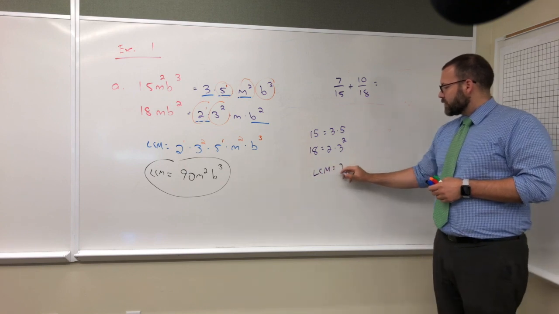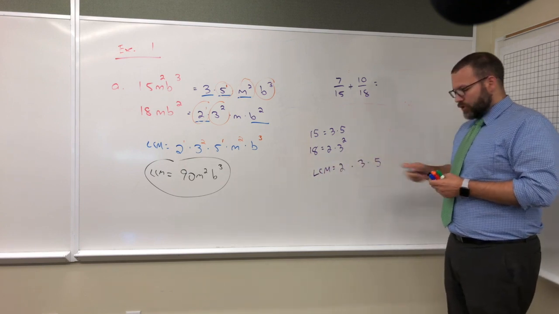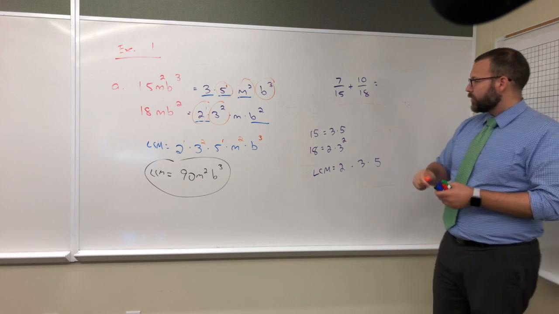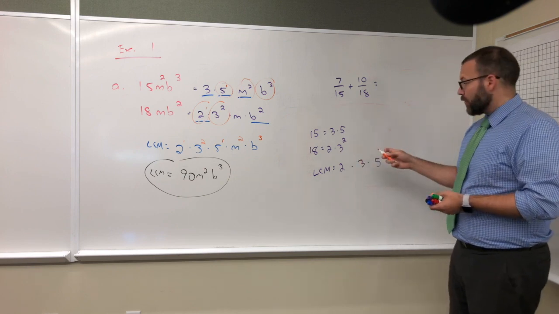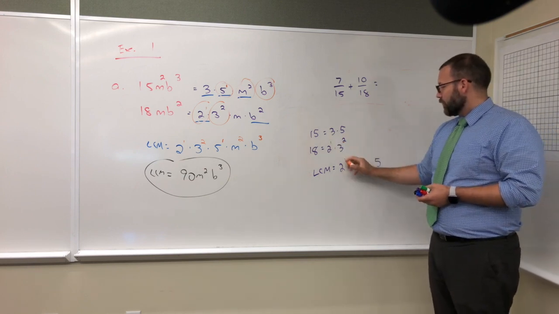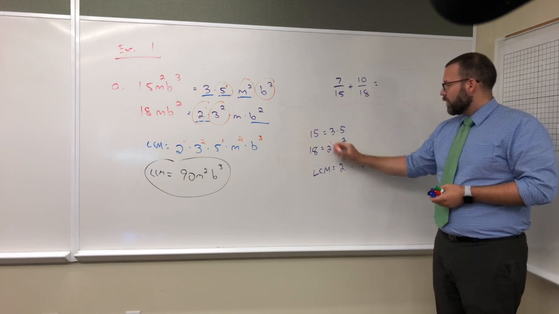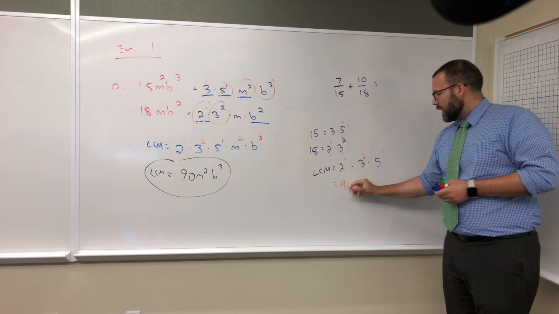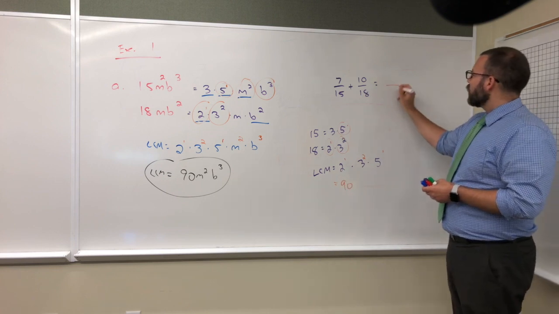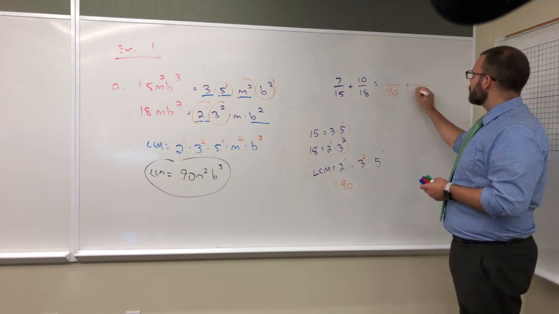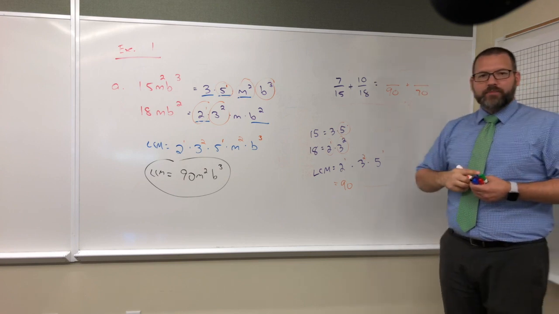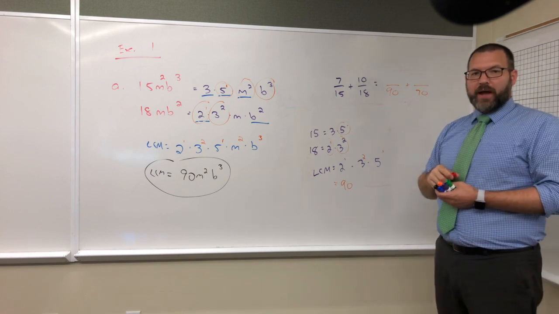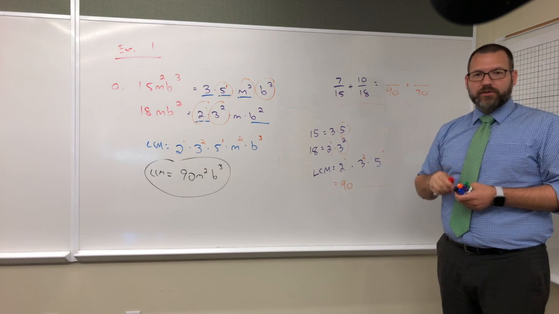We've already seen the LCM would have been the product of 2, 3, and 5 to their greatest powers. So again, I'm just ignoring the variables, but otherwise it's precisely the same. 2 to the first, 3 squared, and of course 5 to the first, which is 90. And so what I want to be able to express these fractions as is something over 90 plus something over 90 if I were adding them together, if these had been the denominators of fractions.